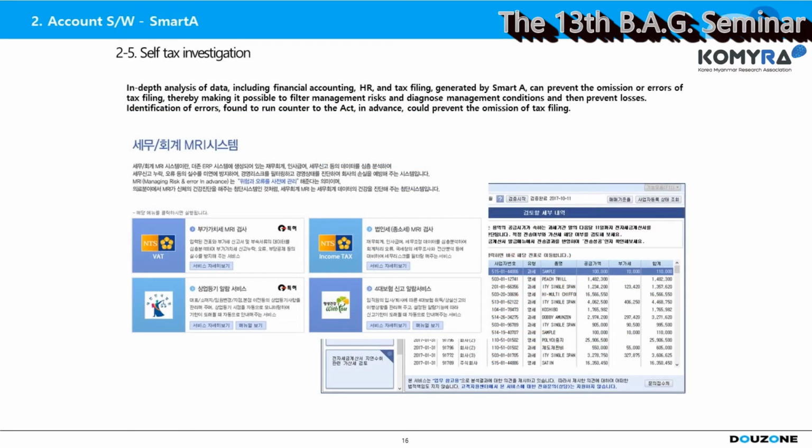Also, in-depth analysis of data, including financial accounting, HR, and tax filing generated by Smart A, can prevent omission or error of tax filing, thereby making it possible to filter management risk and prevent loss. Identifying errors in advance could prevent omission of tax filing.